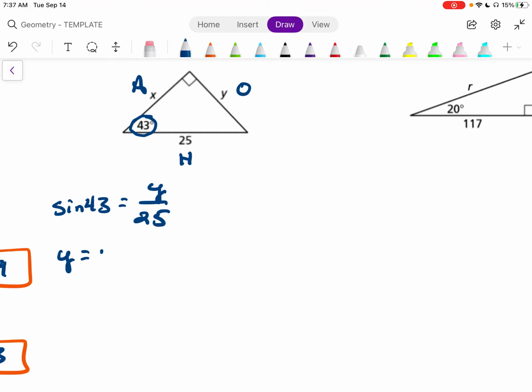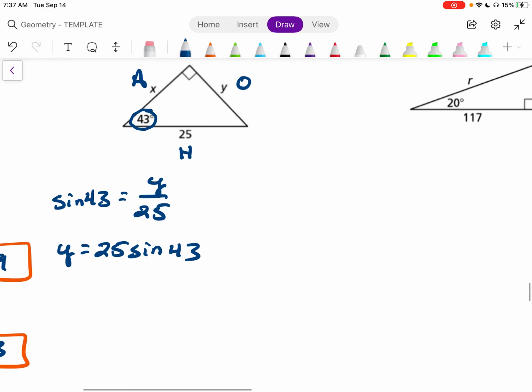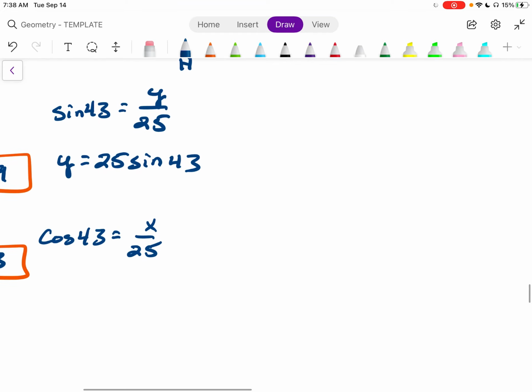So y is 25 sine 43. Looking at the other variable, I can say cosine of 43 is x over 25.